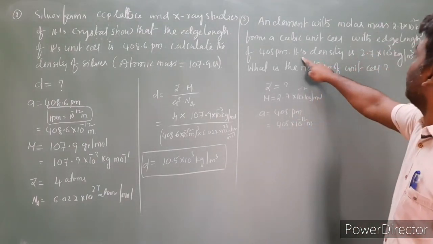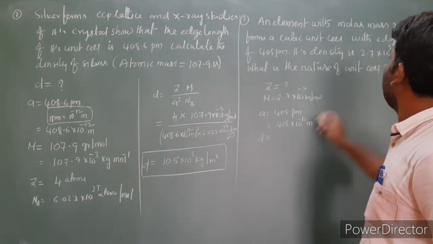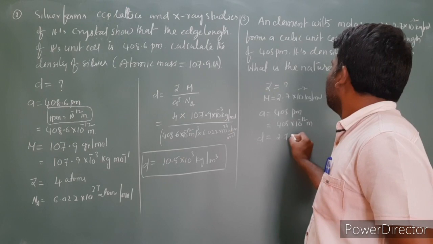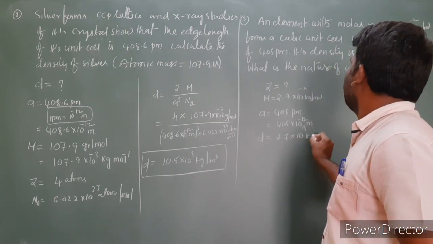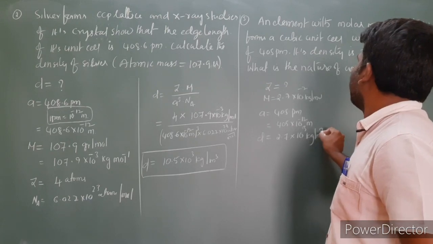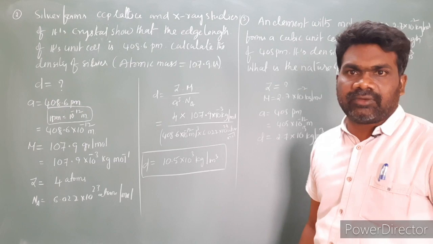Next, what is the data given? Density is given. So density D is equal to 2.7 into 10 power 3 kg per meter cube. Next, Avogadro number is not given, we have to take Avogadro number.